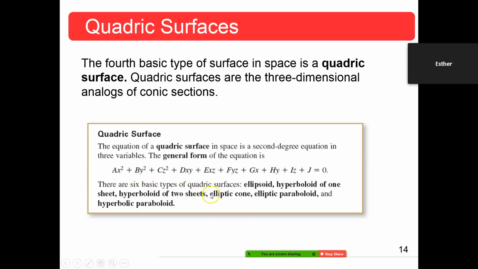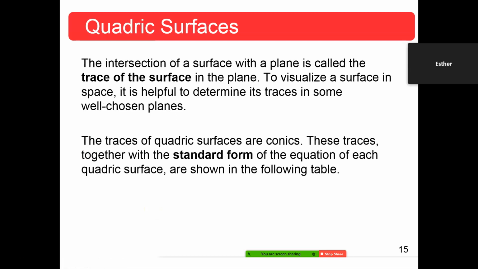An elliptic cone, that's a very special case. We'll come to that in a minute. And then elliptic paraboloid, that's going to be a special case. And then a hyperbolic paraboloid is a very special case. So let's look at each of those.